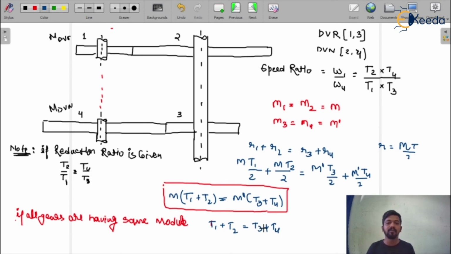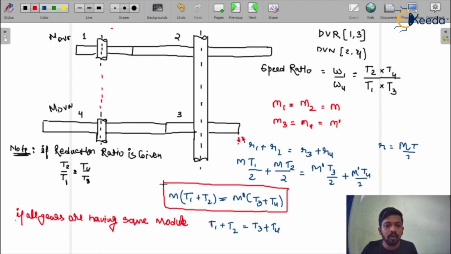So that is the procedure for the reverted gear train. Whatever questions come in the examinations, you have to apply these concepts and formulas. There is nothing different from this. You just have to remember how to calculate the speed ratio, and this very important relation, R1 plus R2 is equal to R3 plus R4.